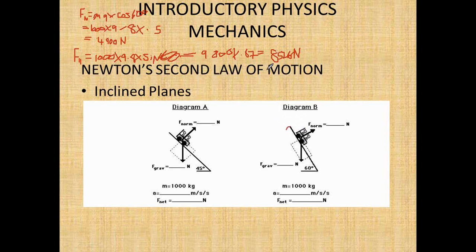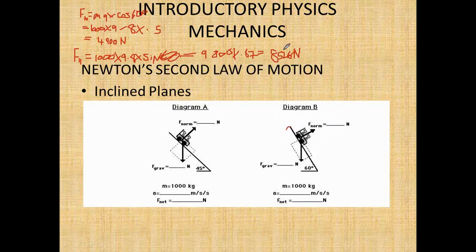So this is actually the net force, because the normal force is perpendicular to the surface. It's not going to affect the cart moving down the surface, right? So it is only the component that's parallel to the inclined plane that's going to pull the object down the inclined plane.